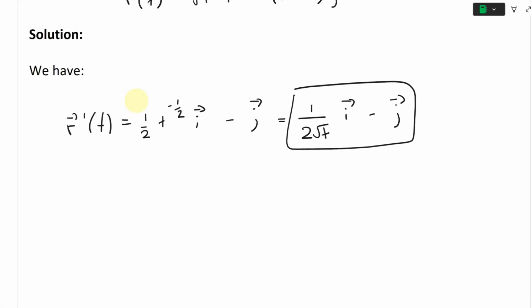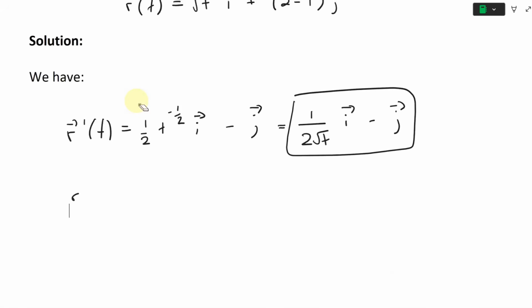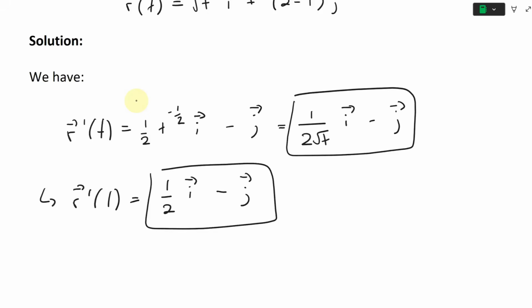So what we get is r prime of 1 equals, we'll plug that t inside, 1 over 2 times square root of 1, which is just 1, so it's just 1/2 times the i vector minus the j vector. So that is this one here. Now we have the derivative, and we have the derivative at 1.